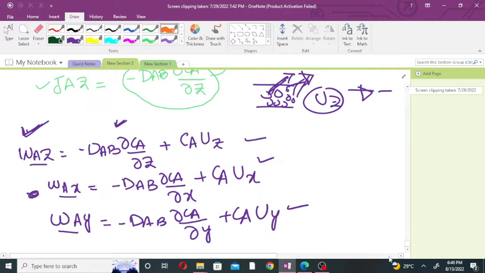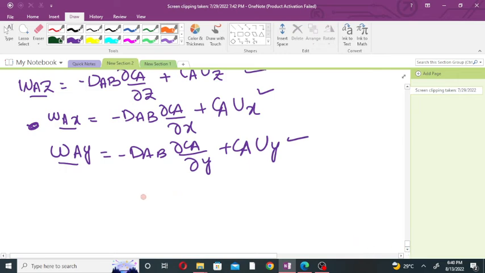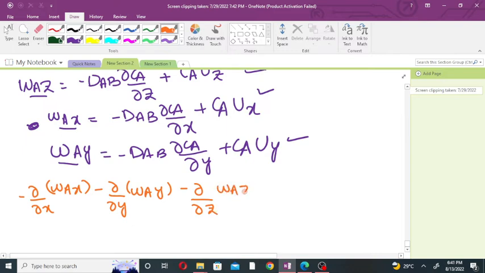Now in the previous lecture we derived the rate balance equation in Cartesian coordinate system, and the equation was like this: d by dx of WAx, plus d by dy of the flux in the y direction, plus d by dz of the flux in the z direction of component A, plus the rate of disappearance or appearance of component A, is equal to the change in concentration of component A with the passage of time.